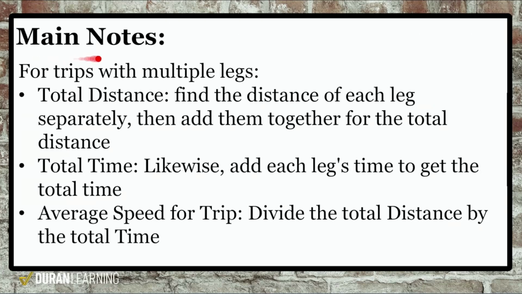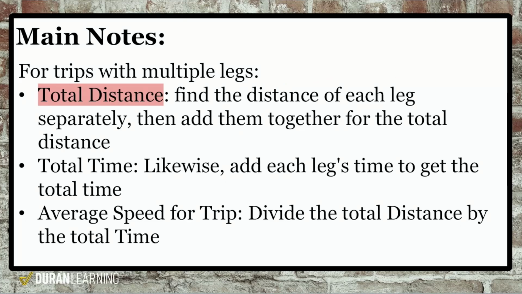So if we have trips with multiple legs, like we just saw, to get the total distance, remember what we did here. Let me highlight this in red. To find that total distance, remember that what we did was we found the separate distances first, the distance of the first leg, the distance of the second leg. If there's 3 legs, find the distance of the third leg.